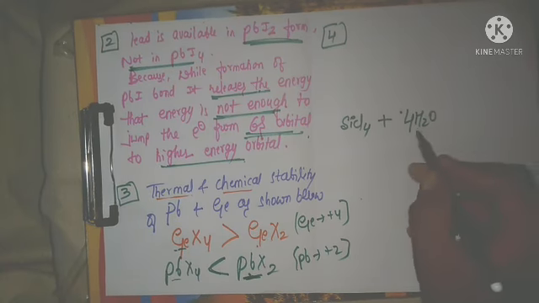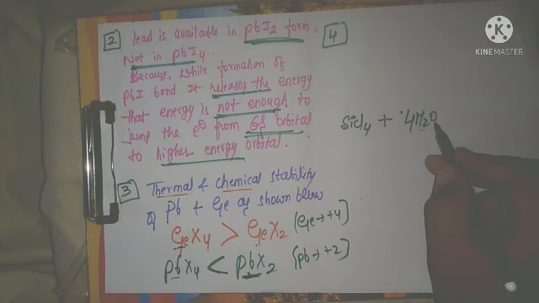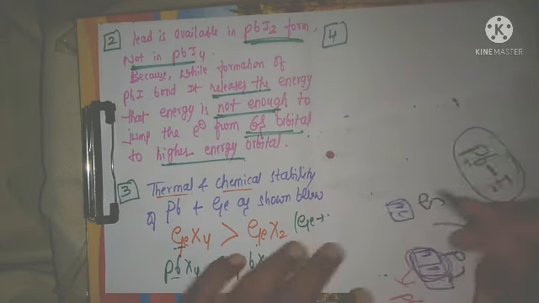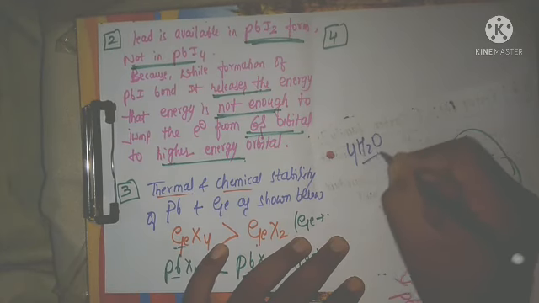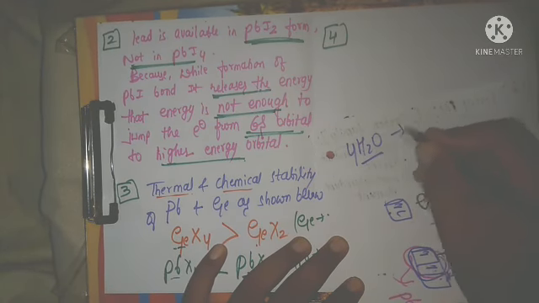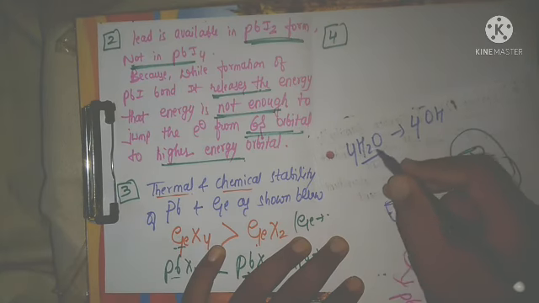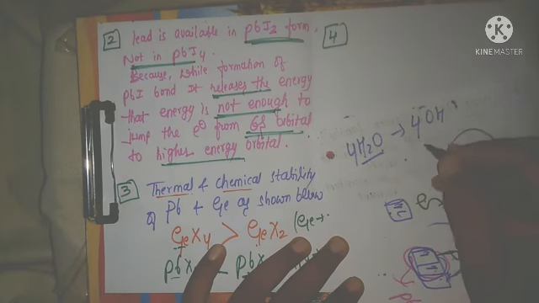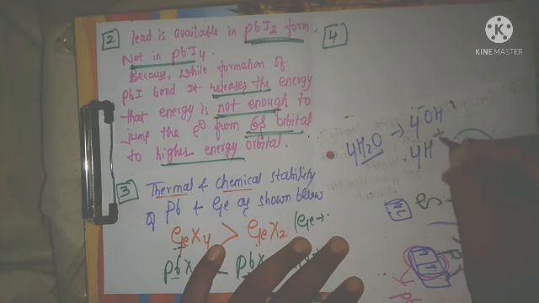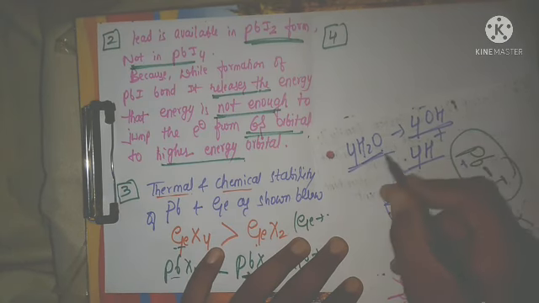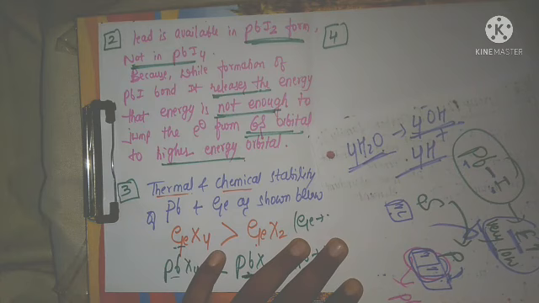That means 8 hydrogens and 4 oxygens. I can write 4 OH minus; with 4 oxygens removed, 4 hydrogens, H plus, are left. So 4 H2O means 4 OH minus and 4 H plus.